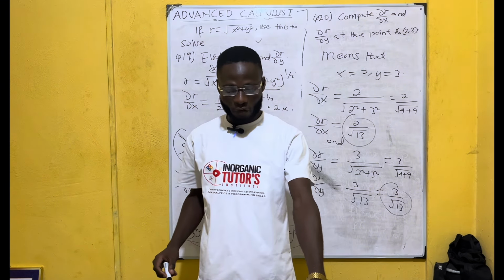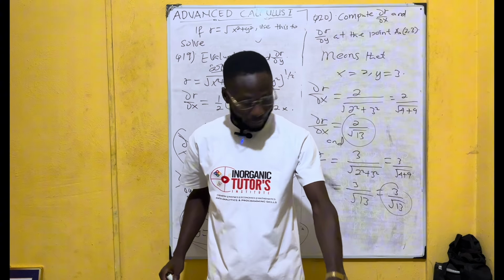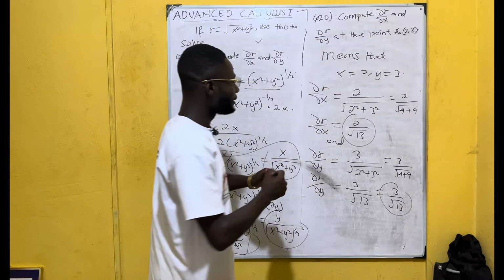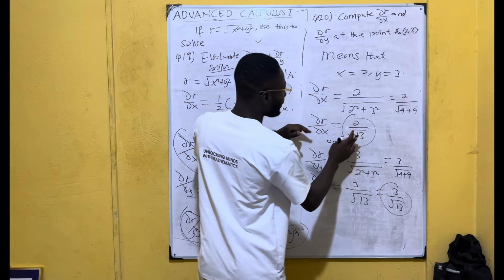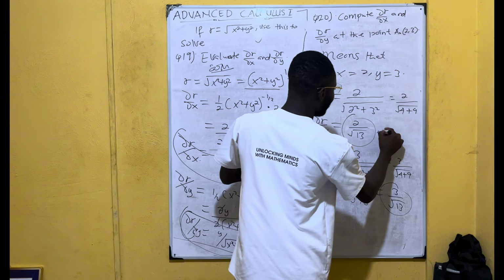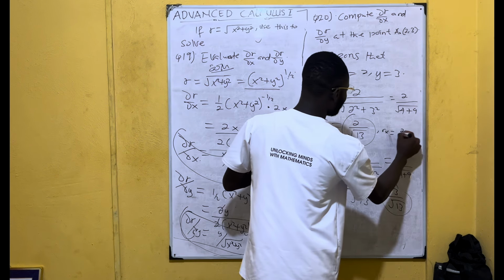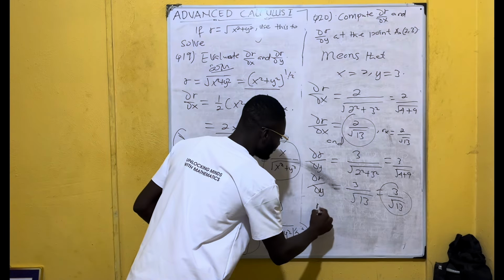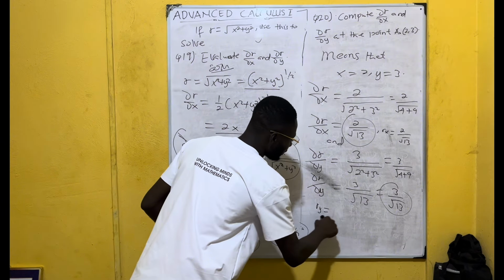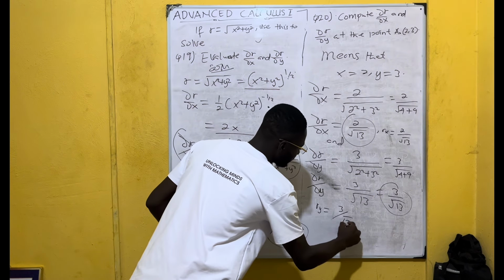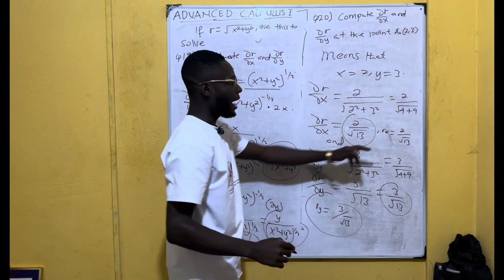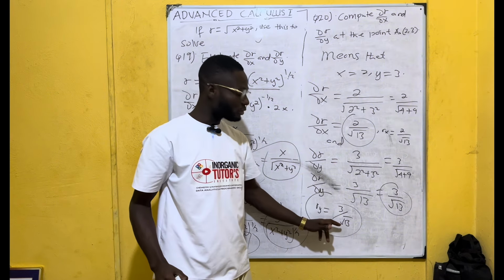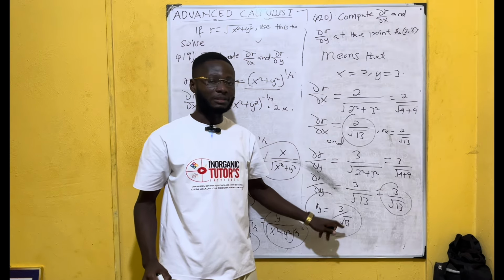That is for question number 20. So you know that this is the same as writing R_x is equal to 2 over the square root of 13, and R_y is equal to 3 over the square root of 13.